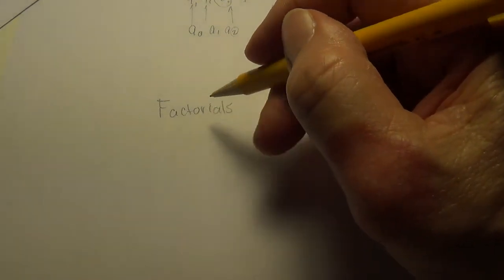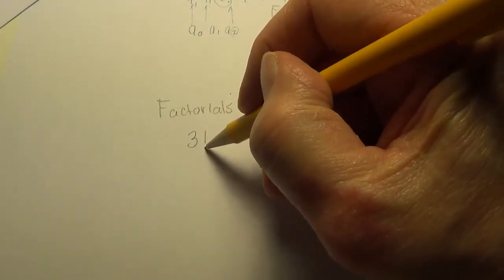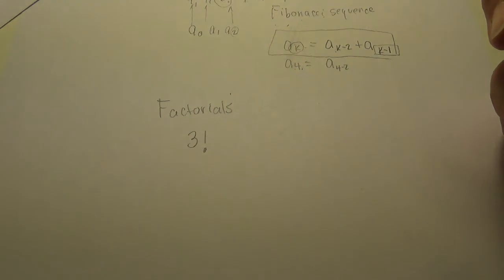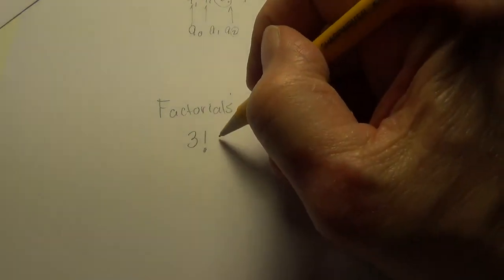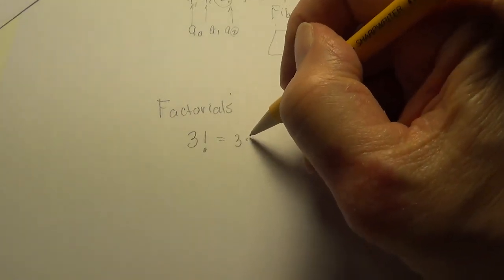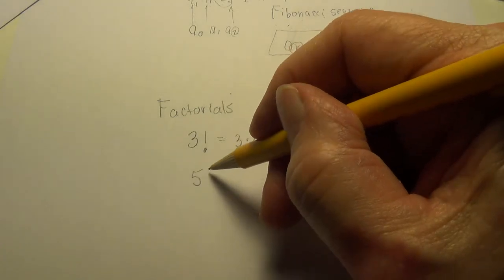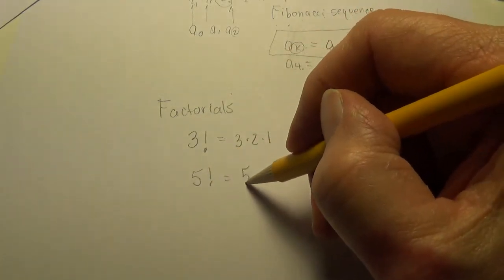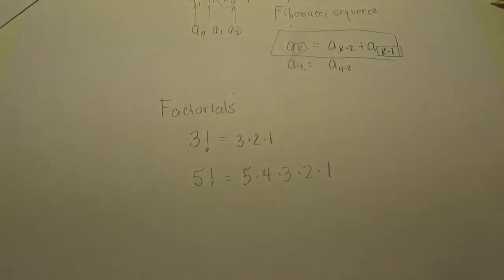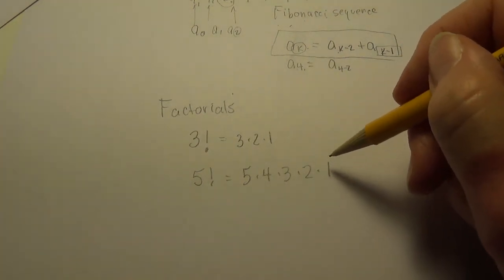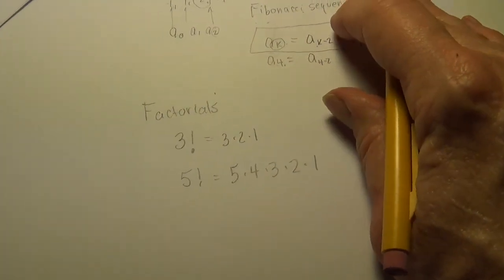A factorial is indicated with an exclamation point. 3 factorial means 3 times 2 times 1. So 5 factorial is 5 times 4 times 3 times 2 times 1. It always stops at 1, and it exists for positive whole values.